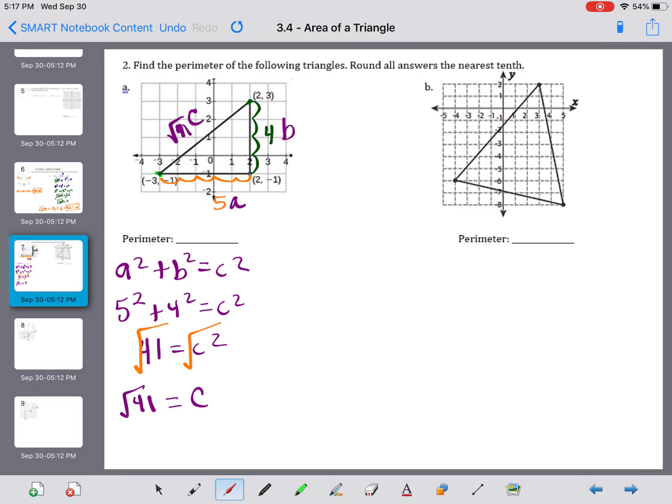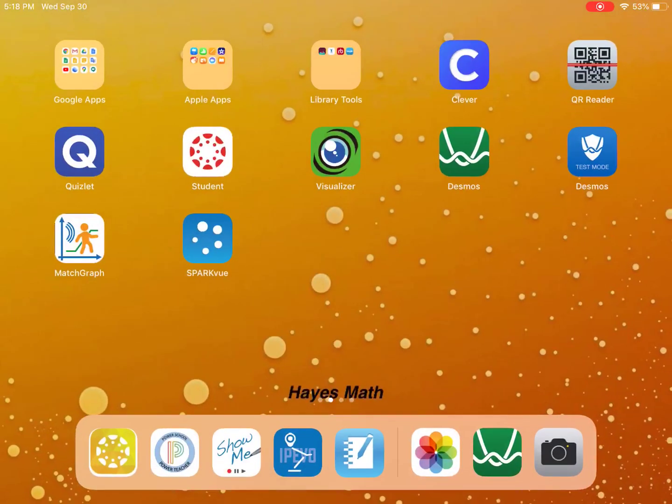Now that we know all 3 sides, we can add them together. We can do radical 41 plus the other side, which is 4, plus the other side, which is 5. Again, I'm going to click out and go to Desmos.